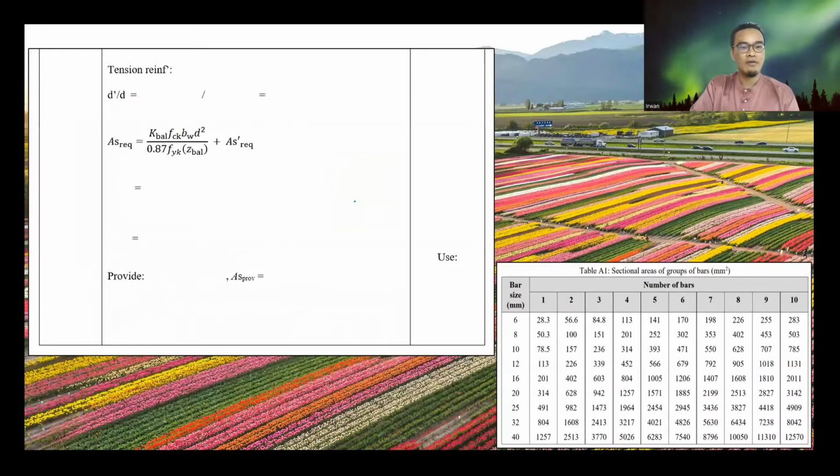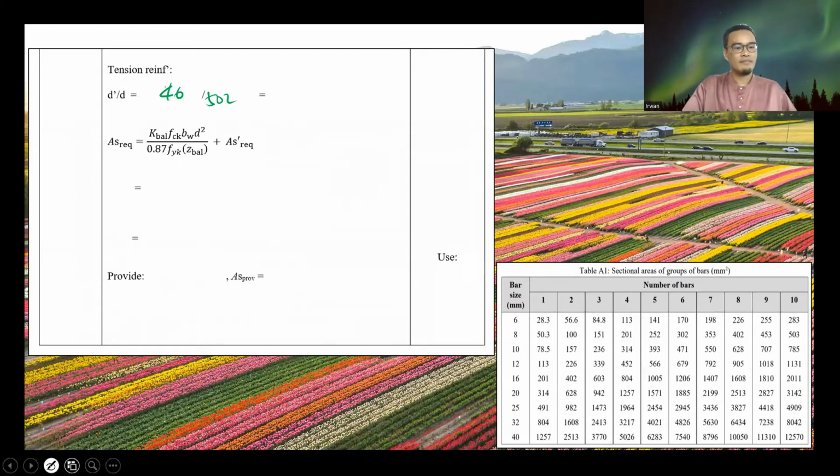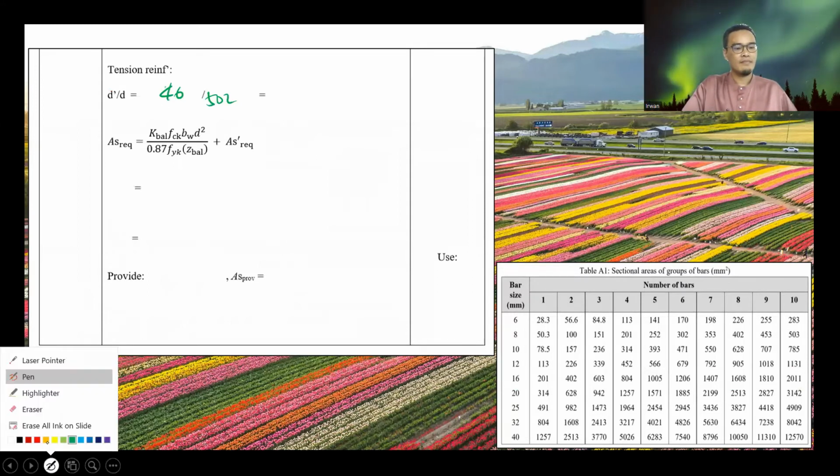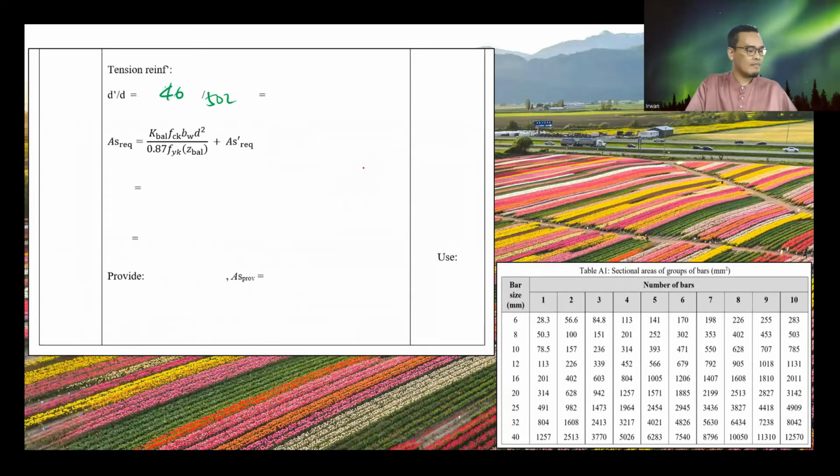As I mentioned before, you have to determine the d prime over d, which is equal to 46 divided by 502. Any answer? 0.091, less than 0.167. So you can use the previous equations for As prime required.